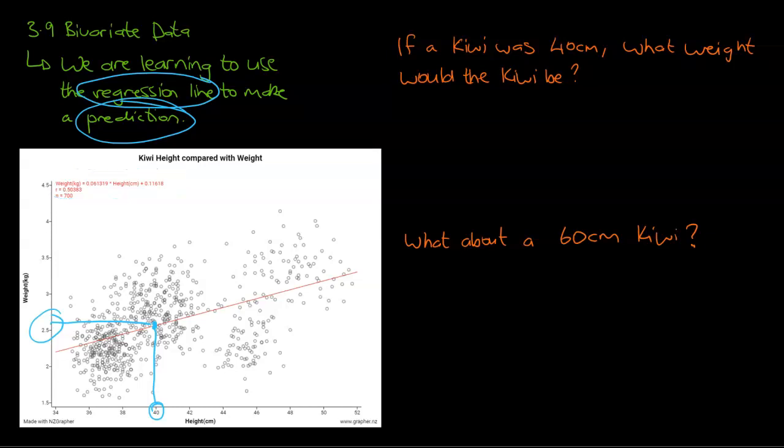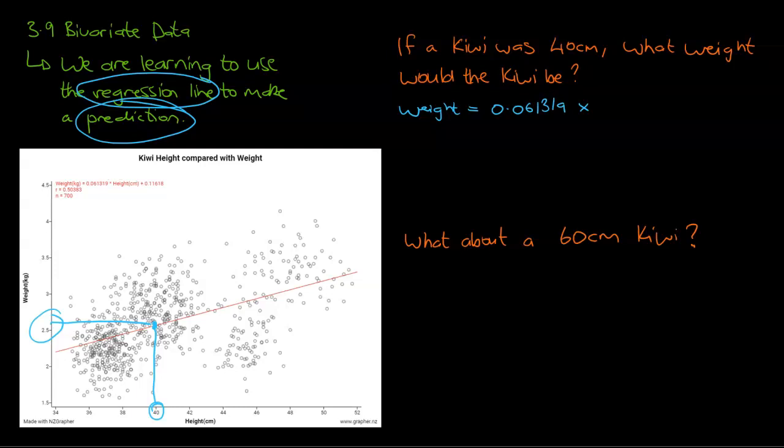So the thing we do know is the height is 40 centimeters. So what we're going to do is take out the times height from the equation, and put in times 40 instead. So I'll show you what I mean by that. The weight of the kiwi that we're trying to predict is going to be equal to the gradient, which from our previous video we know is 0.061319, and the model now says times height.